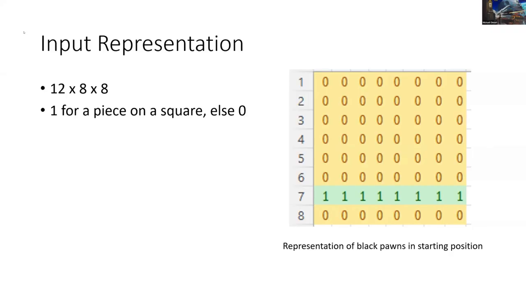So 6 times 2 is 12, and it's a 1 if there's a piece on the square, otherwise a 0. The nice thing about this input representation is that it's pretty easy for a network to understand that these different channels correspond to different pieces.